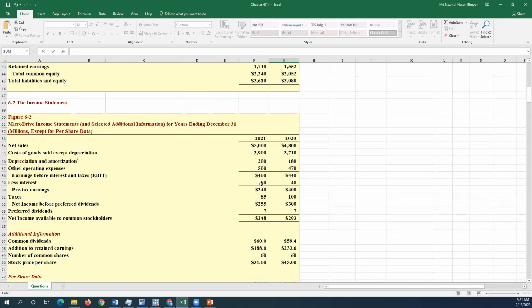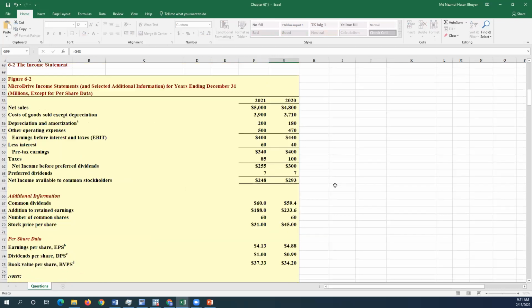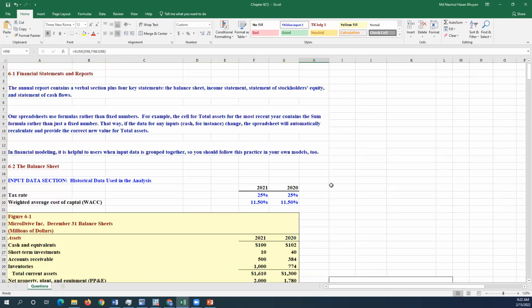Retained earnings 1552. Then total equity here is 2152. Let us match. Here you can see the value of total equity is 2152.